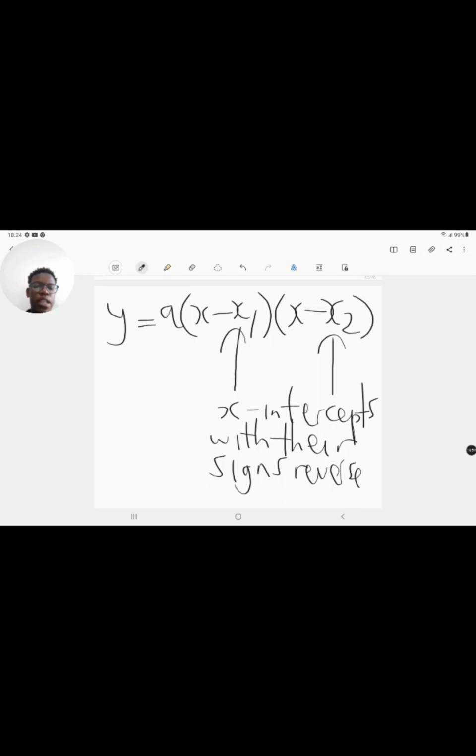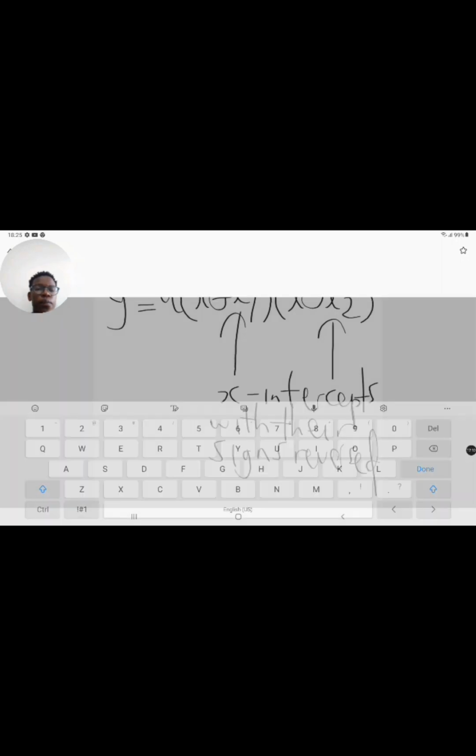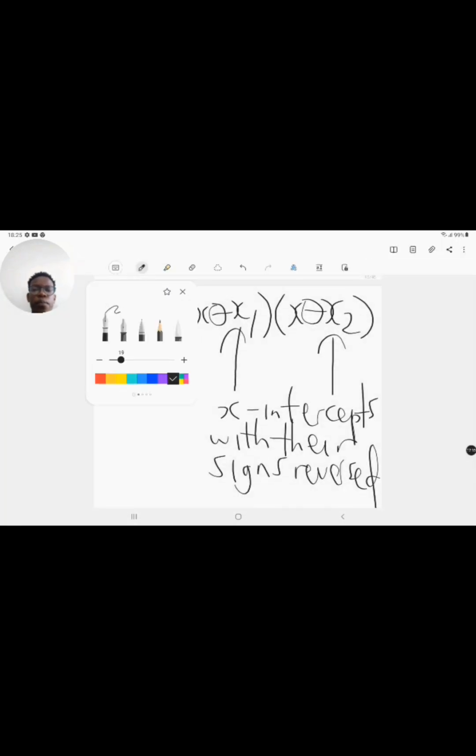So basically they have opposite signs. If you have a negative here, one of your x-intercepts will have a positive. If you have a positive here, the x-intercept will have the opposite sign. So this is the advantage of this standard form. It gives us our x-intercepts simply from inspection.